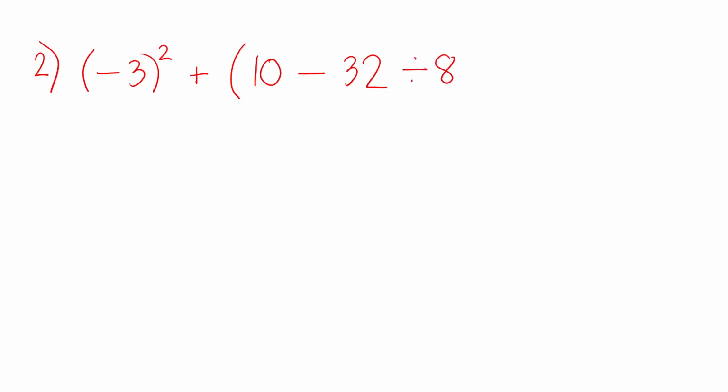I'm going to multiply this by 5 and then plus 7. There you go. So, since there is now a parenthesis, we will do what's inside the parenthesis first. Now, there are two groupings here. The first group is negative 3 squared. It has a parenthesis, right? Now, my question is this. Do we subtract or multiply inside the parenthesis of the first group?